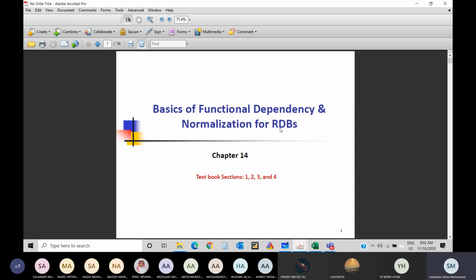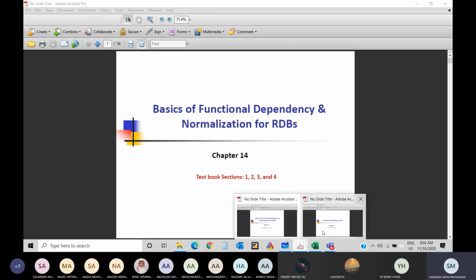Okay, so this chapter is telling you the following: given a bad logical design, how do you convert it into a good logical design without going back to the conceptual design or the requirements? Let me just repeat what I said.